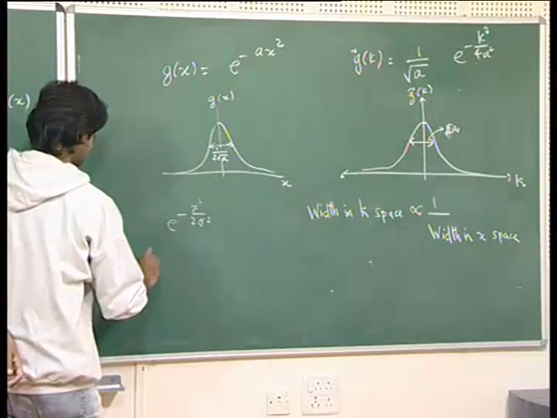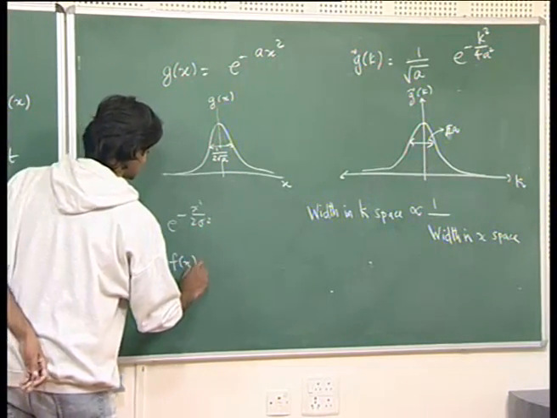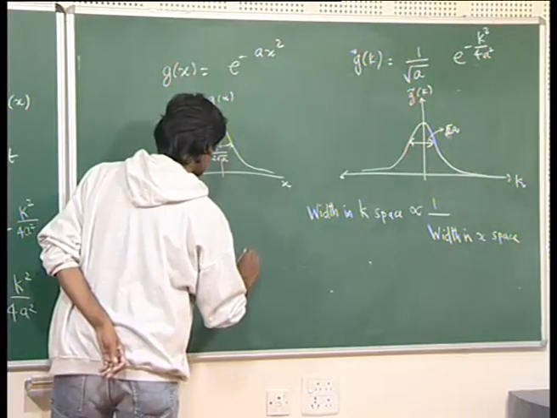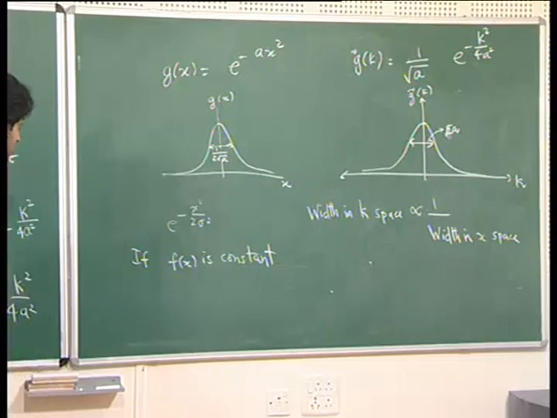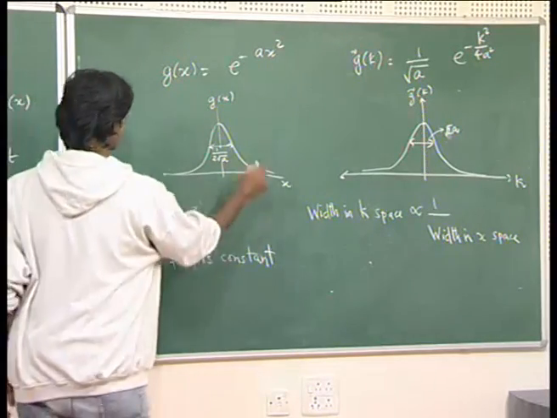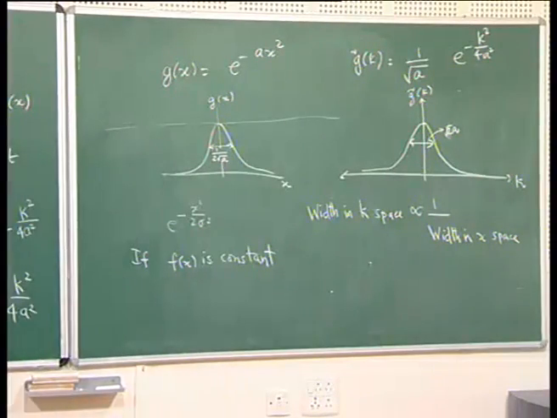suppose you have a constant function. If f of x is constant, okay, so f of x is constant. Constant can be thought of as a Gaussian of infinite width. You can think of it as a Gaussian function where the width of the function is infinite.